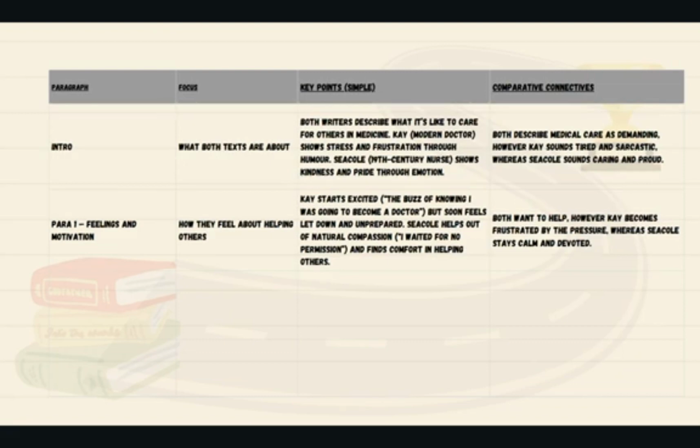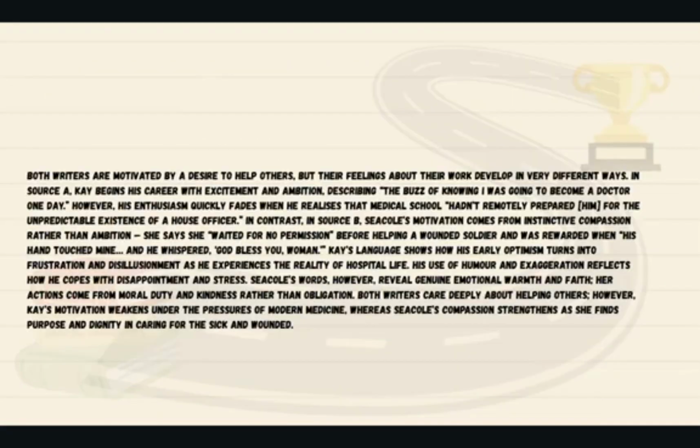Let's have a go at reading my model paragraph for this paragraph. So I've said both writers are motivated by a desire to help others, but their feelings about the work develop in very different ways. In source A, Kay begins his career with excitement and ambition, describing the buzz of knowing I was going to become a doctor one day. However, his enthusiasm quickly fades when he realizes that medical school hadn't remotely prepared him for the unpredictable existence of a house officer.